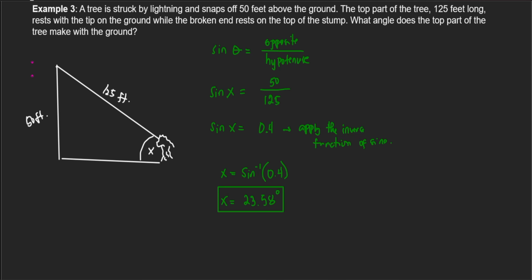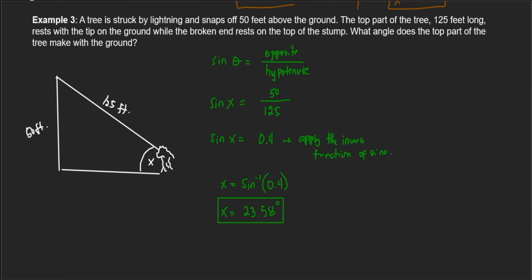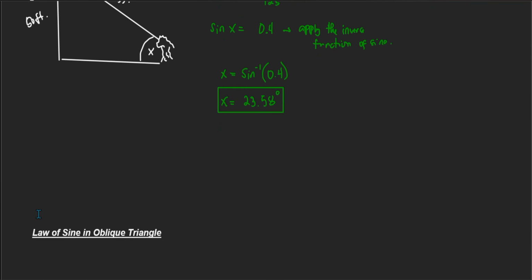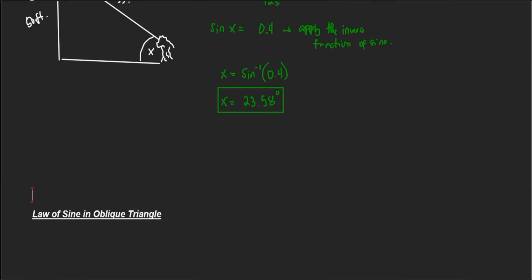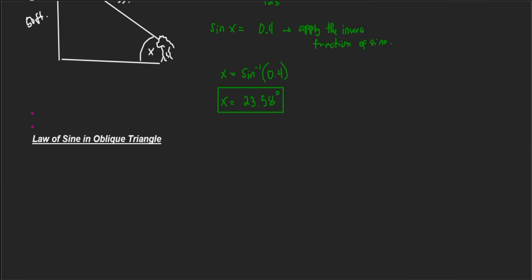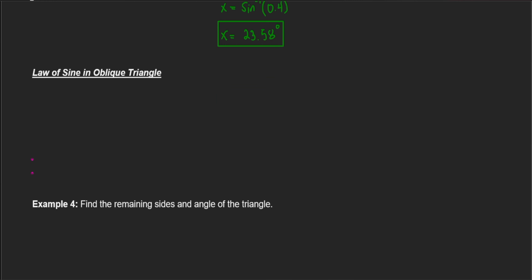Okay. Now, since we're done with the topic about right triangle, elevation, and depression, now let's move on to the law of sine. Now, sa law of sine, meron po tayong mga case na kailangan natin tandaan or i-remember. Okay?